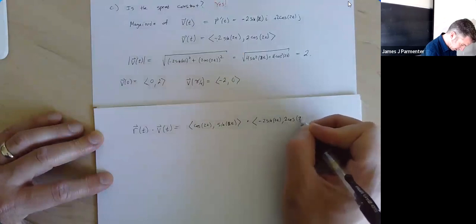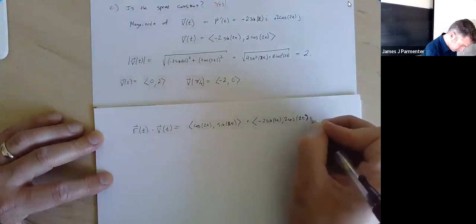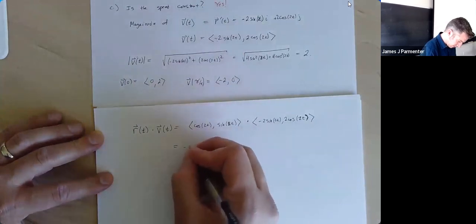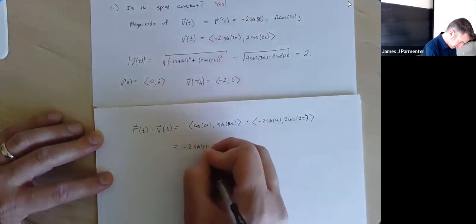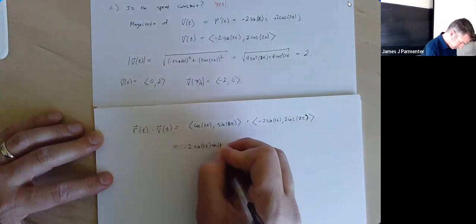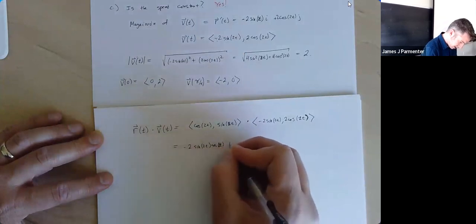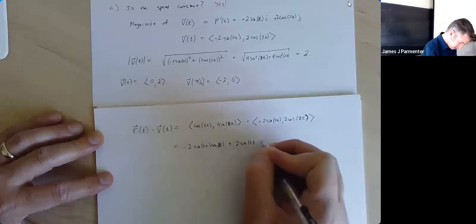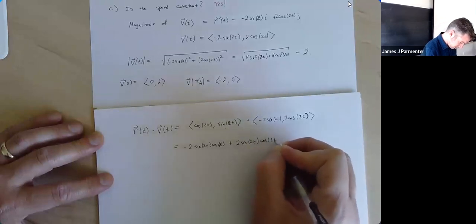Yeah, it certainly looks like they're going to dot product out to 0. So we're going to get -2 sine of 2t times cosine of 2t, plus sine times 2 cosine, so 2 sine of 2t times cosine of 2t. And yep, those certainly do end up equaling 0.